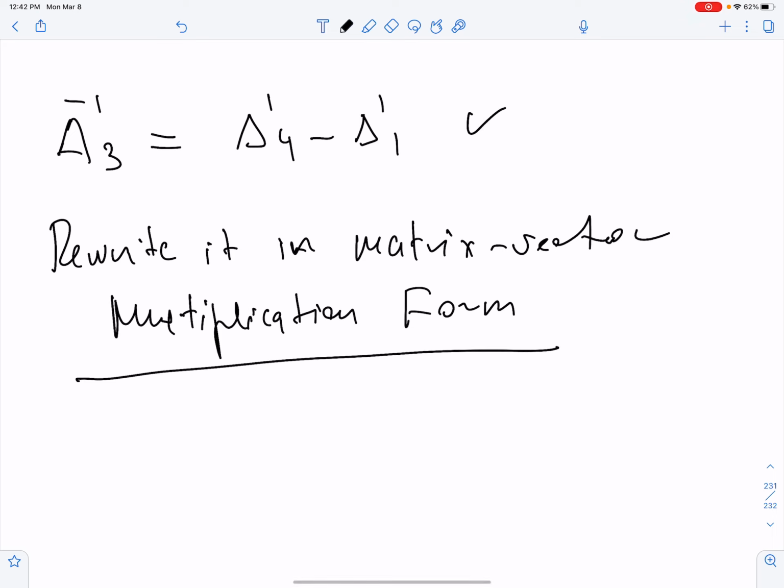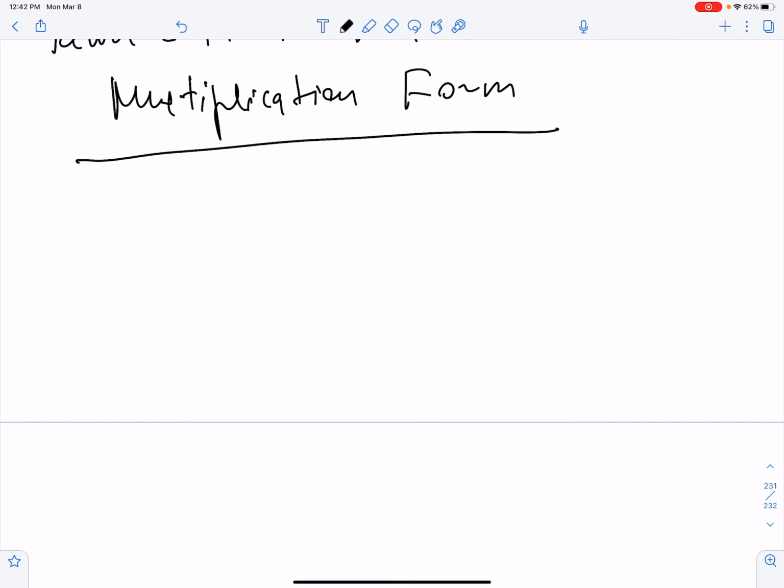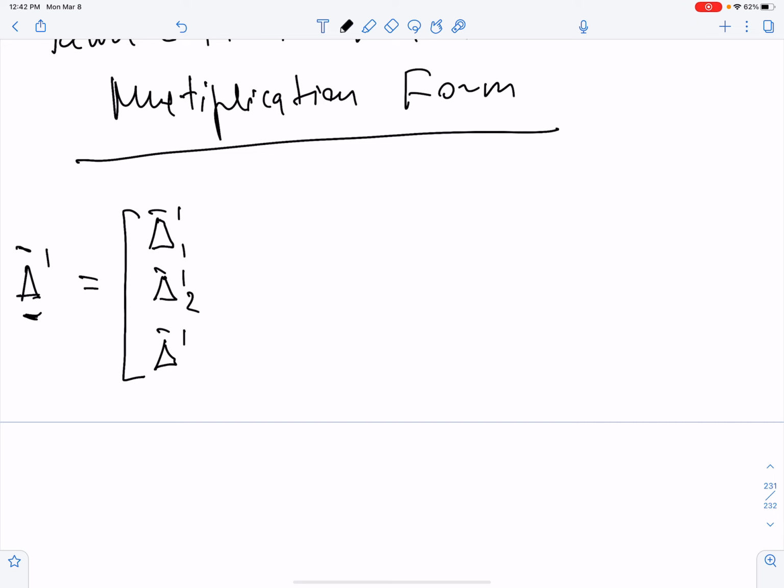So let's see. You start with delta prime over bar equals 2. What you want to get is delta prime 1 over bar prime 2 and delta prime 3 equals 2.